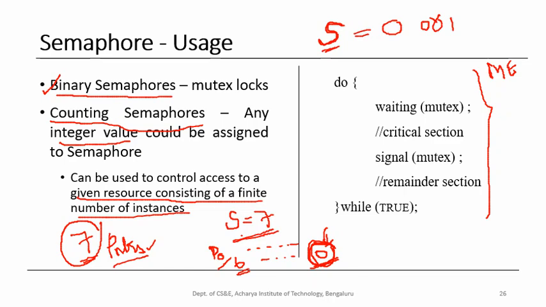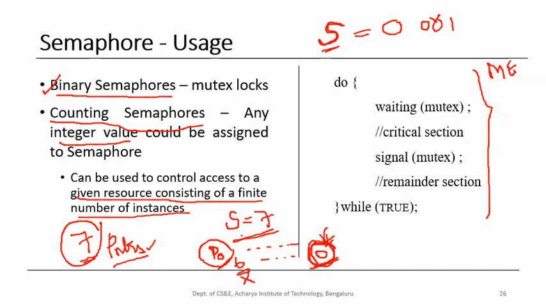The wait operation will not decrement the value of the semaphore. Now what happens? The process P0, which was using this printer, is done with the printer, and it releases the printer to the pool of printers.